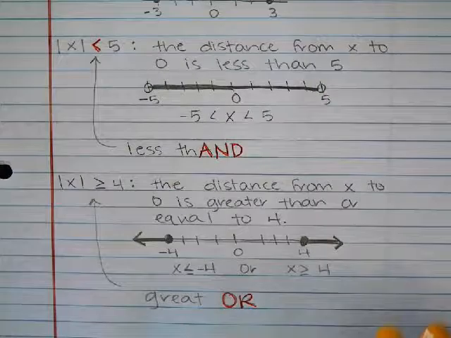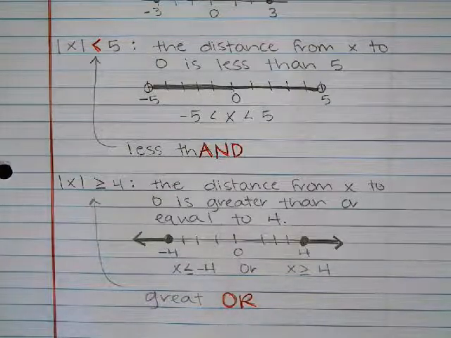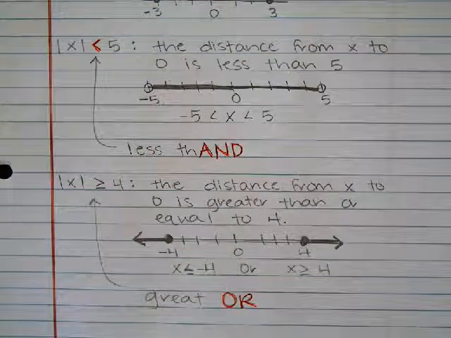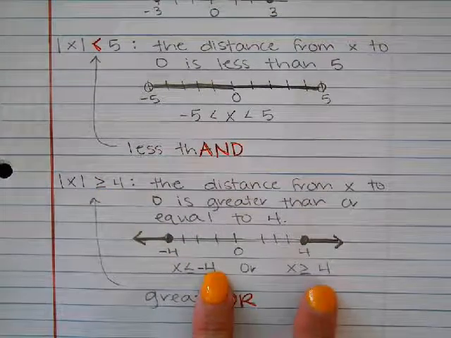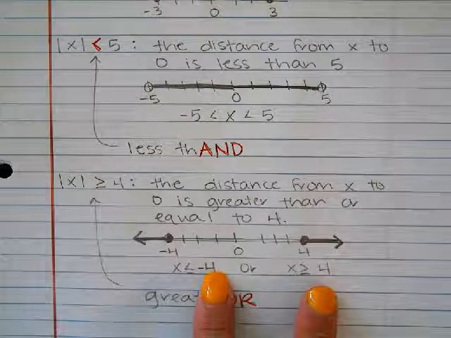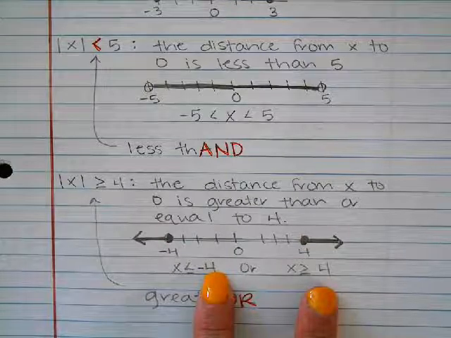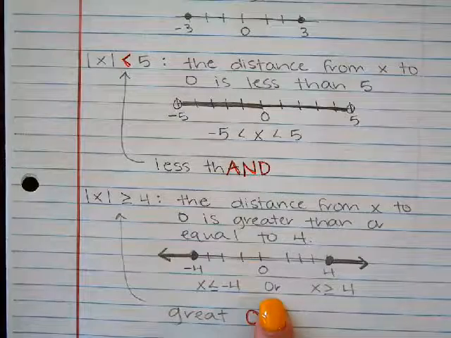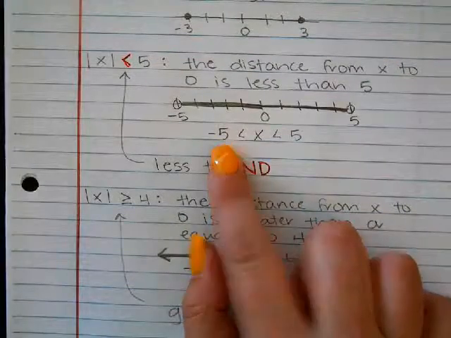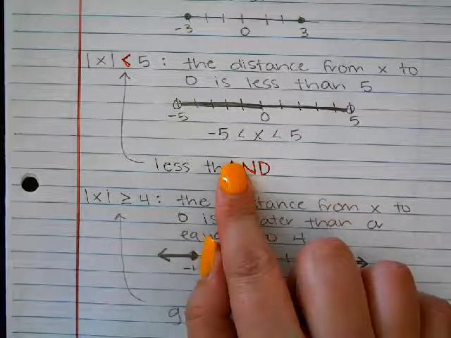Now, the hard part about this lesson is that if you mix up the symbols, the numeric answers are going to be the same, even if you solve it wrong with the symbols. So if I had this symbol wrong and I did the "or" version of the answer, my numbers still would have been -5 and 5, but my answer would have been completely wrong.